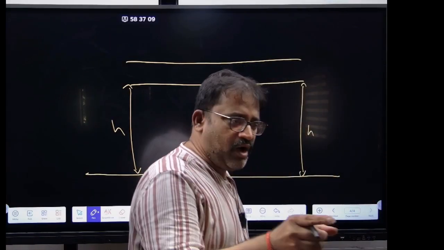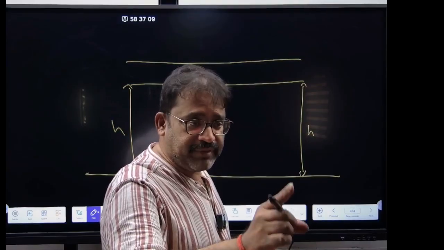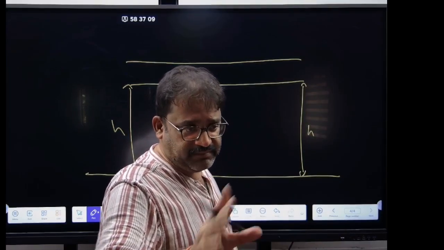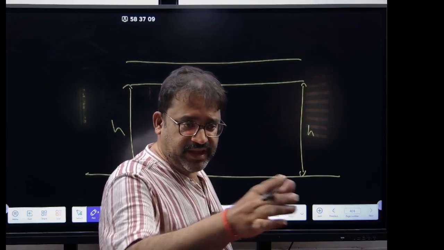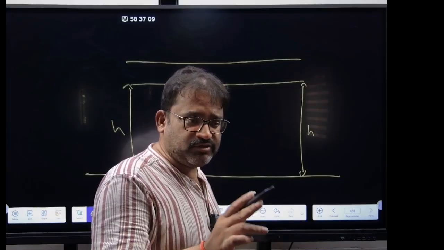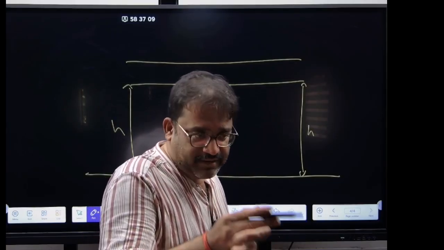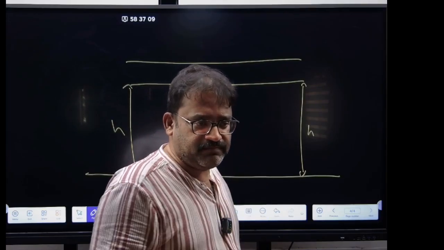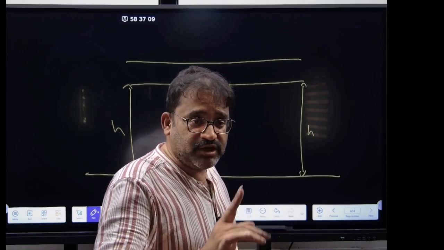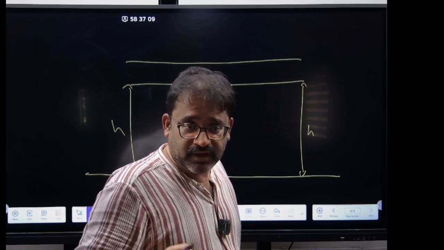Very good. Now we need to connect pressure with velocity, and velocity with area. So there are only 2 equations that we can make use of. One is the equation of continuity. Correct, children?